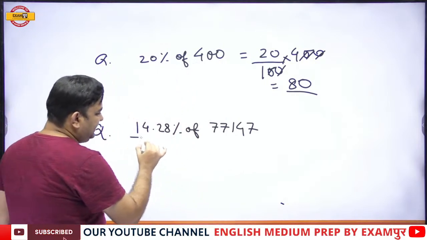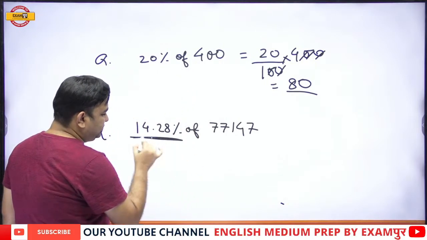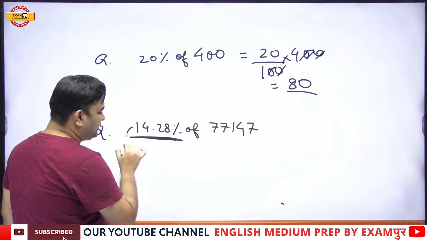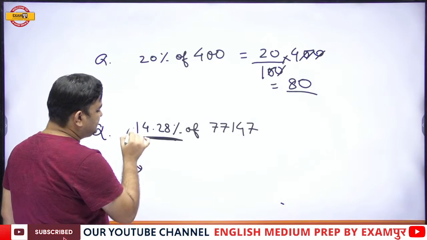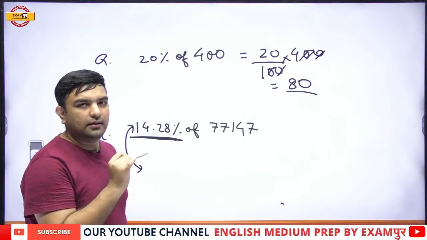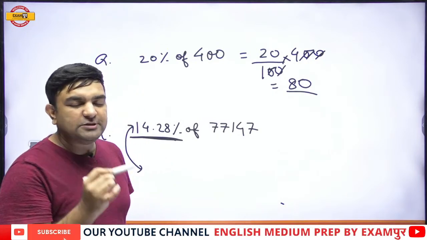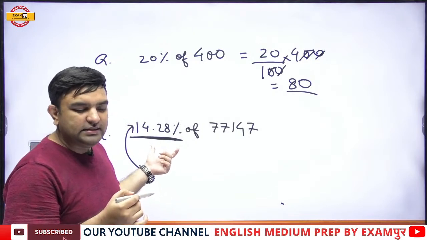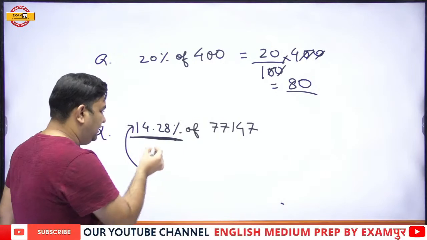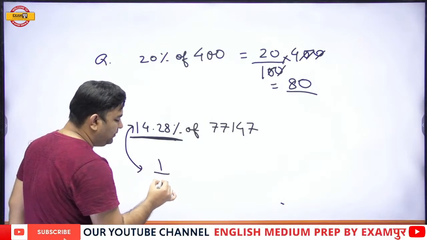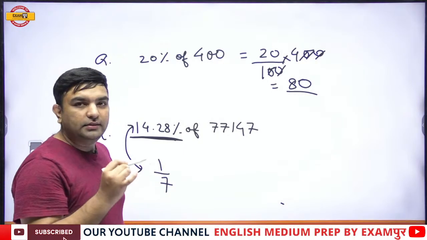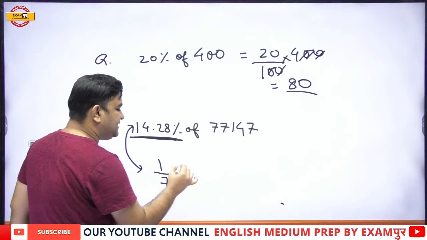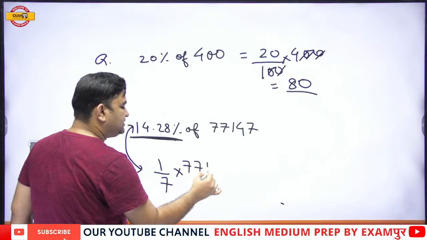Guys, every percentage can be converted into a fraction. There are some famous percentages, and this is one of them. In fraction form, it is equal to 1 by 7. So it becomes 1 by 7 of 77147.